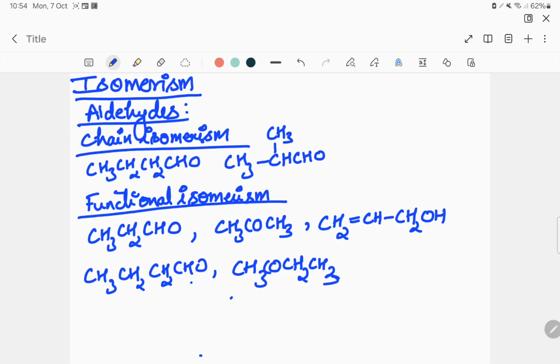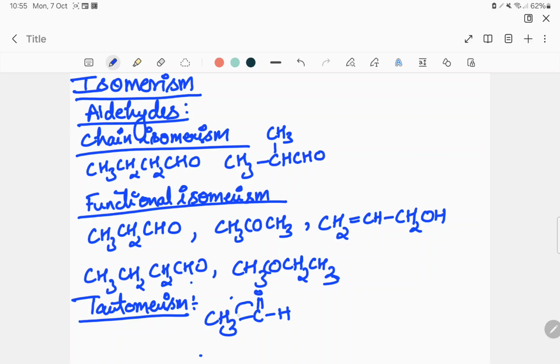The next type of isomerism is tautomerism. It is the simultaneous shifting of hydrogen and the pi electron cloud. This is acetaldehyde. Over here, the double bond is going to shift, and the hydrogen is going to shift towards the oxygen.